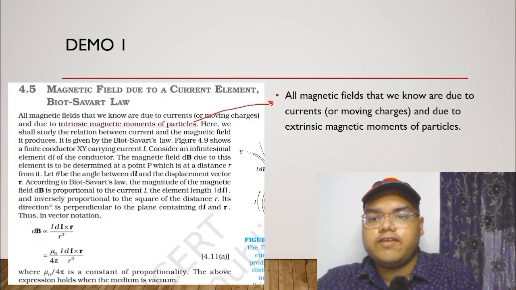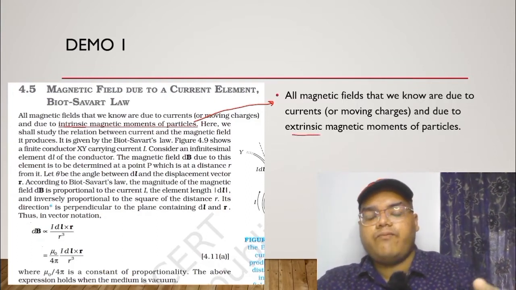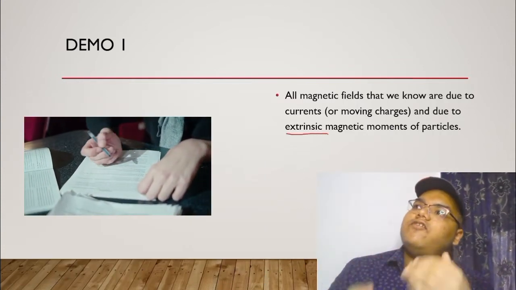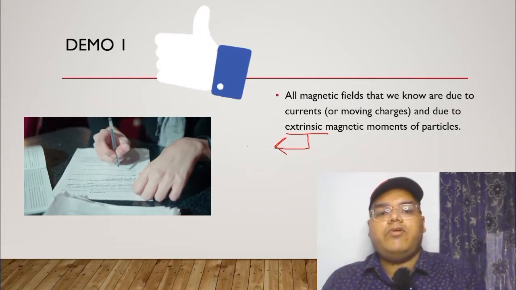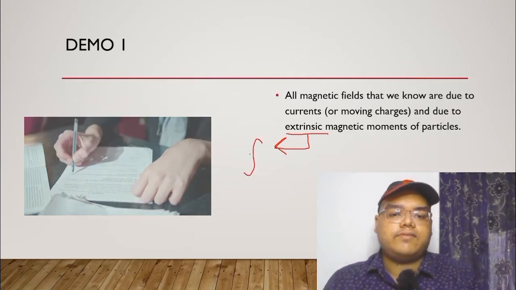We'll just change this intrinsic to extrinsic, so that when you come for revision later on, you will try to recall whether it was intrinsic or extrinsic, and this is when you will be able to remember NCERT properly. So this will be false.